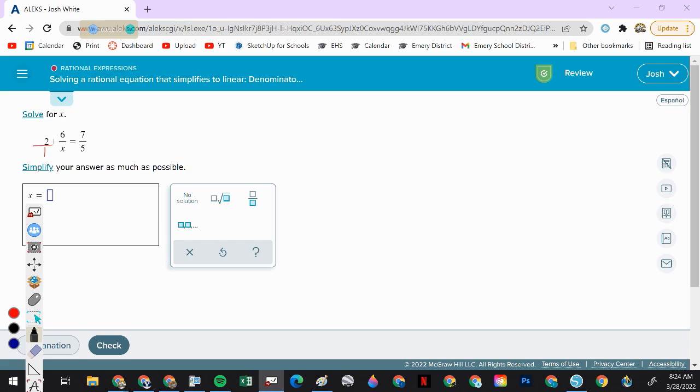So right now my denominators are 1, x, and 5. What would the common denominator be? 5x. So this one needs an x over x. This one needs a 5 over 5. And the first one needs 5x.